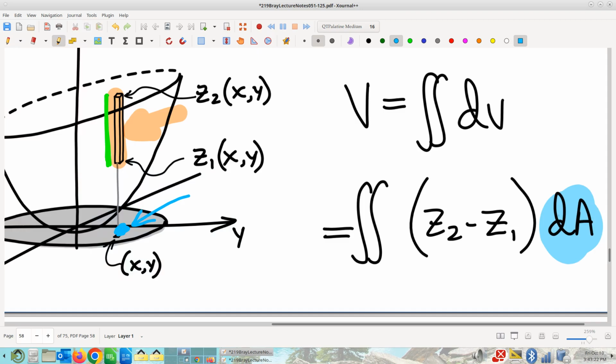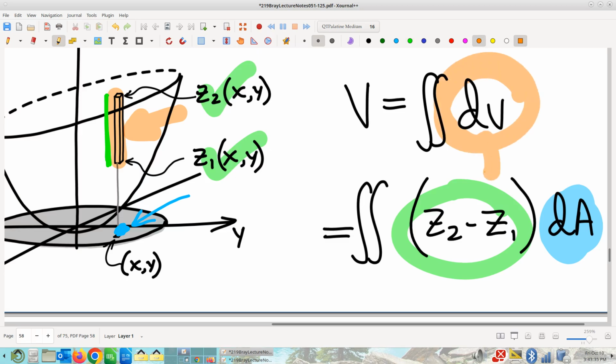The blue area times this green height, which of course you see is just the difference of those two z coordinates. Blue times green gives me the orange volume that I need. Everybody with me? Questions? Feel free.